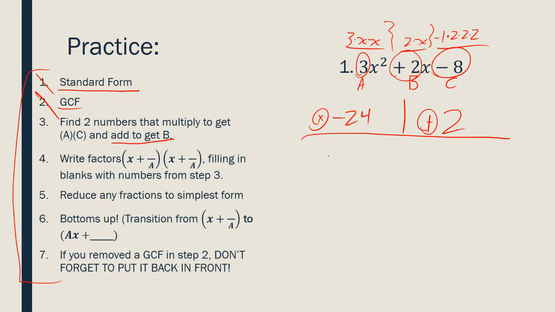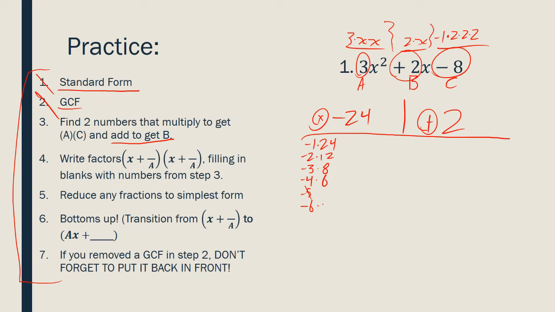So let's list all my sets of numbers that multiply to make negative 24. Well, negative 1 times 24, negative 2 times 12, negative 3 times 8, negative 4 times 6.